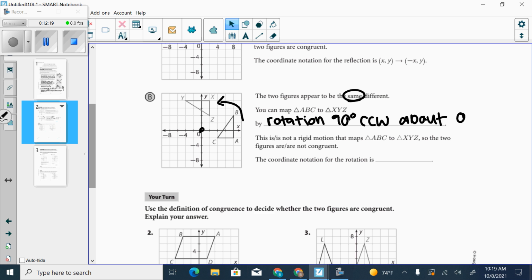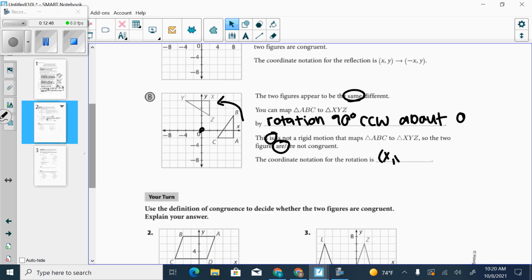It says this is or is not a rigid motion that maps ABC to XYZ. It is. So the figures are or are not congruent? Are. And then they just want us to write in coordinate notation what happened.